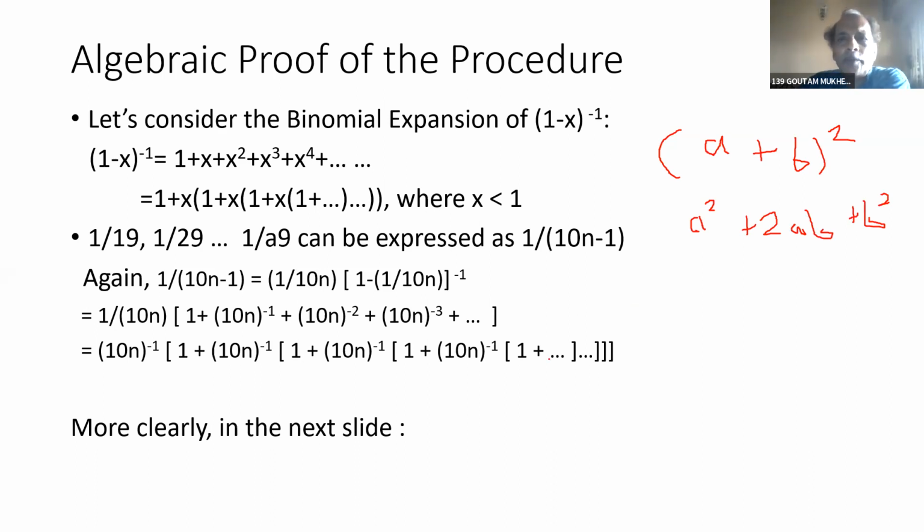And when it becomes to the power 3, 4, etc., there is a particular formula, where instead of a, I write 1, and instead of b, I write this one. So there is a formula. So this becomes 1 plus 2a plus a square.